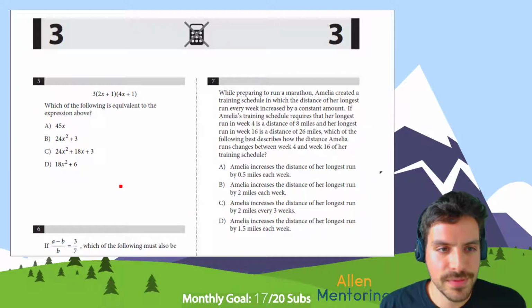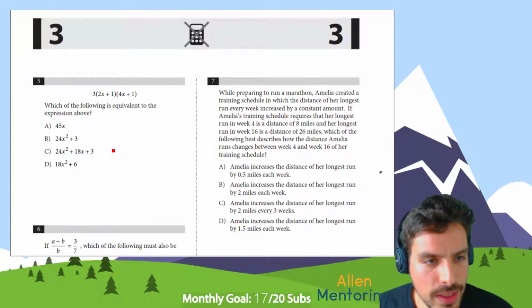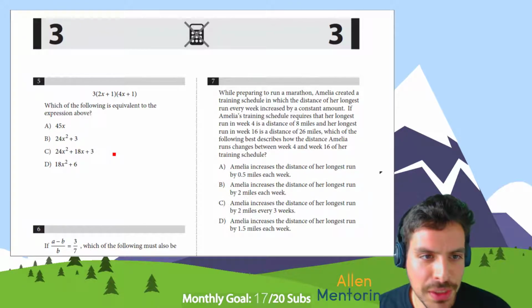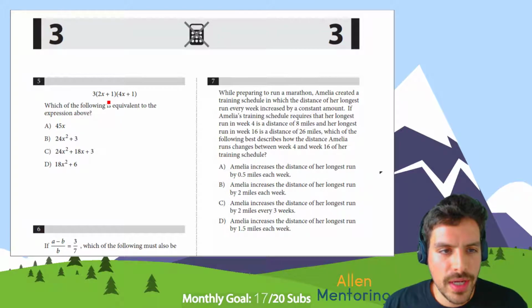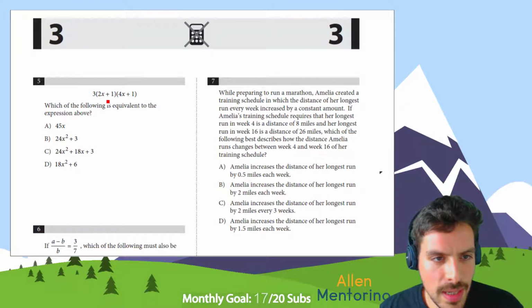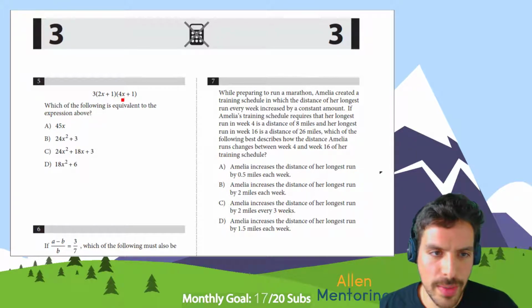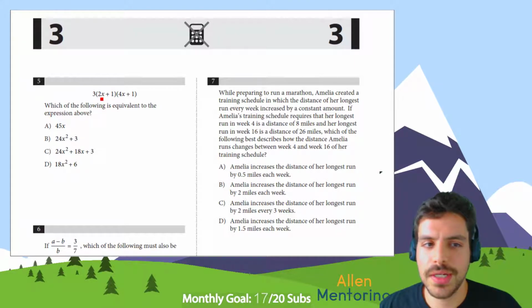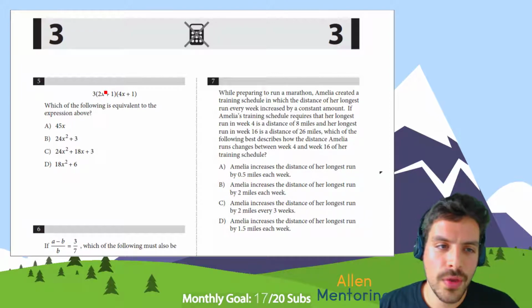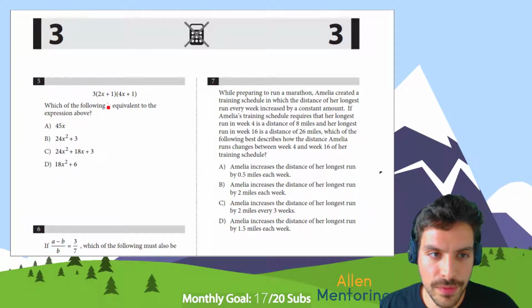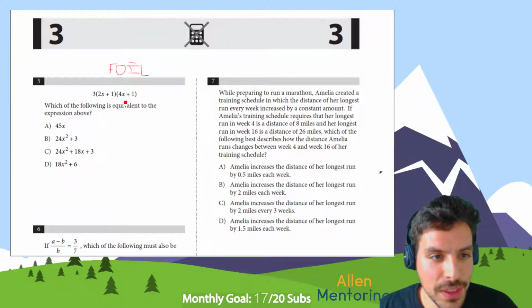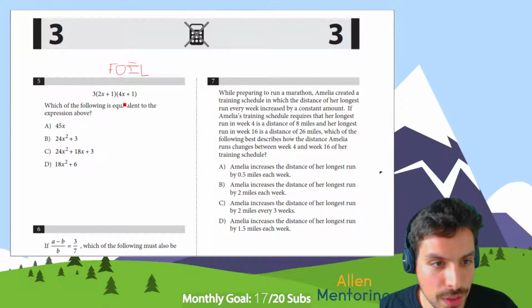Okay, number 5. Which of the following is equivalent to the expression above? Okay, so we have a constant times a binomial times another binomial. And whenever we've seen two binomials like these multiplying each other, we know that we usually have to FOIL, right? Now, do you have to actually FOIL the entire function?